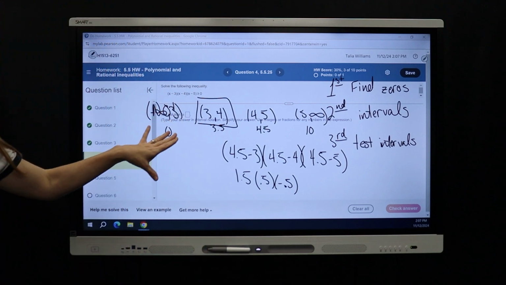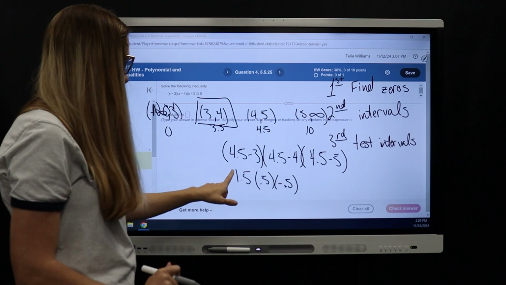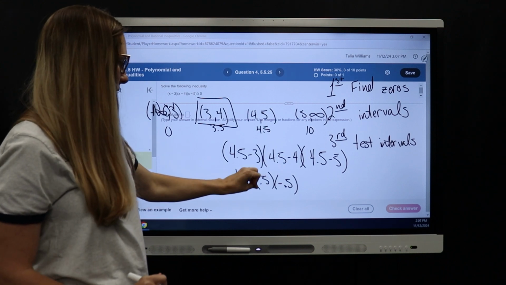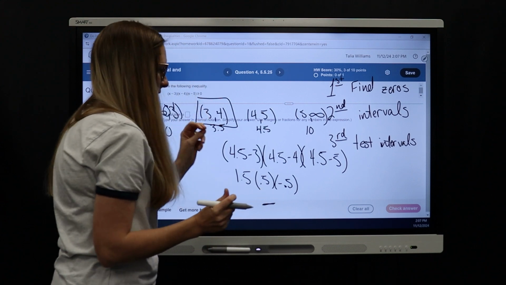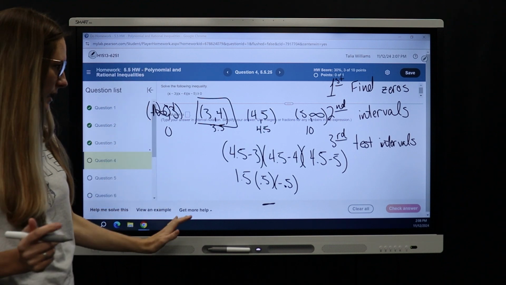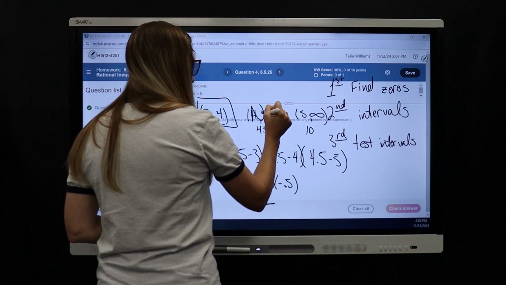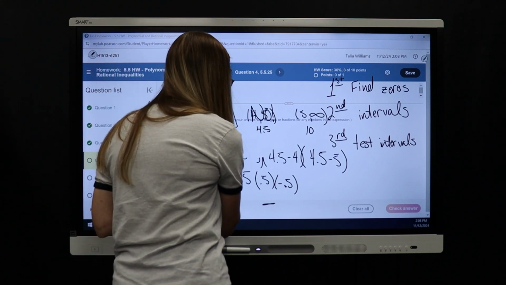Same thing that I did on this one. I'm going to use my positives and negatives and the rules I know about those. Positive times a positive is a positive, times a negative means this is negative. Is anything negative greater than 0? No. So this interval will not be included in our answer. Okay, and I'm going to erase this one.